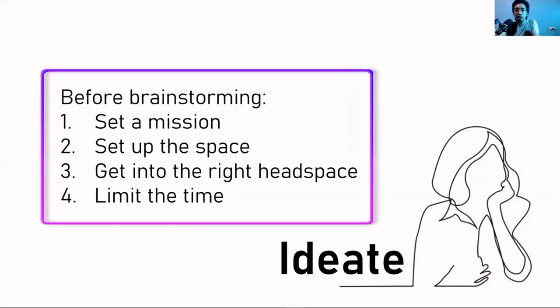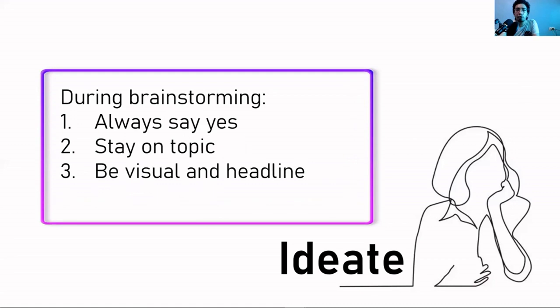So we have what you will do before, during, and after brainstorming. Before brainstorming, you set a mission, set up the space, get into the right headspace, and limit the time. During the brainstorming, always say yes. Why?